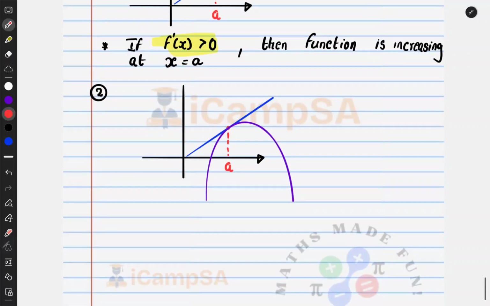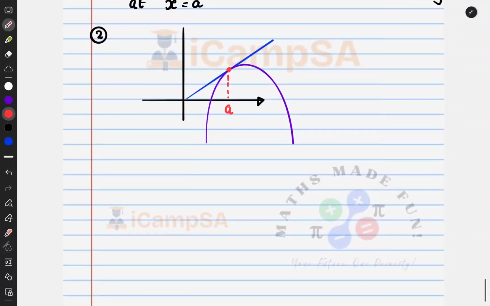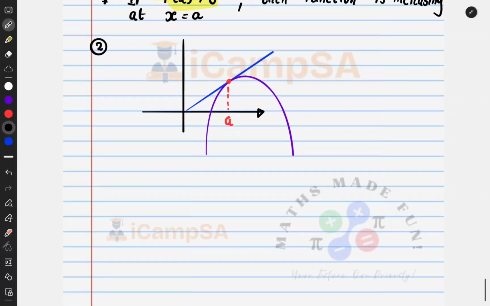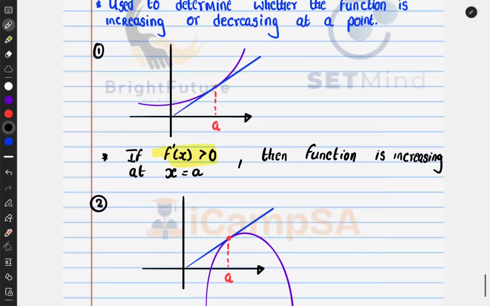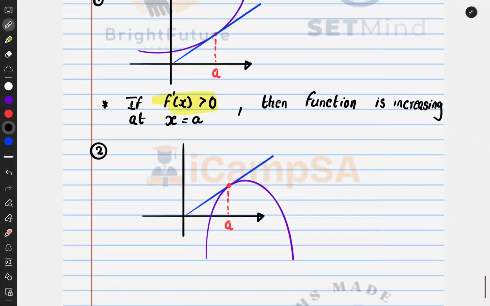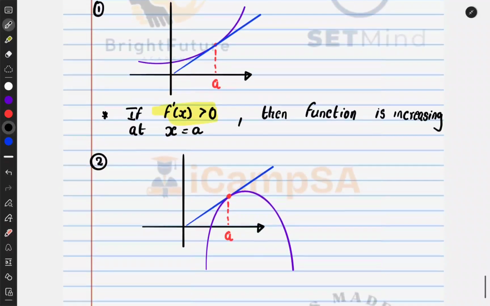Yes, it could be a parabola. And then at that point A, we can also see graphically that our function is increasing, so therefore our derivative is again greater than 0, so our function is increasing.